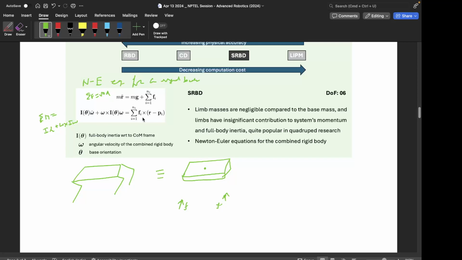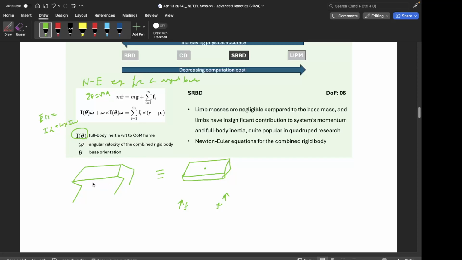Now this I as a function of theta, which you see here, is the full body inertia of the robot expressed in the center of mass frame. And usually this matrix is also considered as a constant matrix.